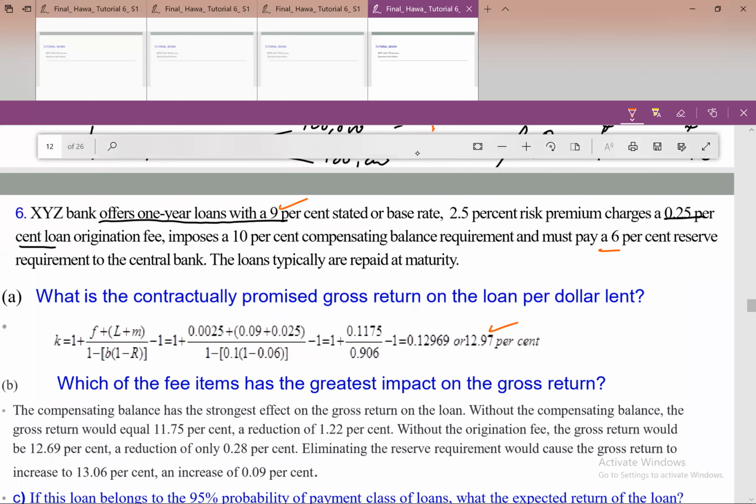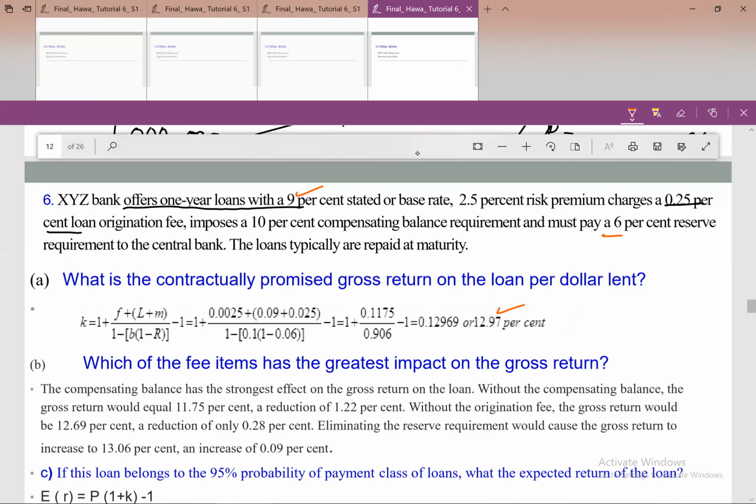The next question is, which one is the most important component in this formula? We can calculate without the B, we can calculate without the R, and we can calculate without the fees. Because this you have to charge, which is the L, the basic lending rate, and the M you have to charge.